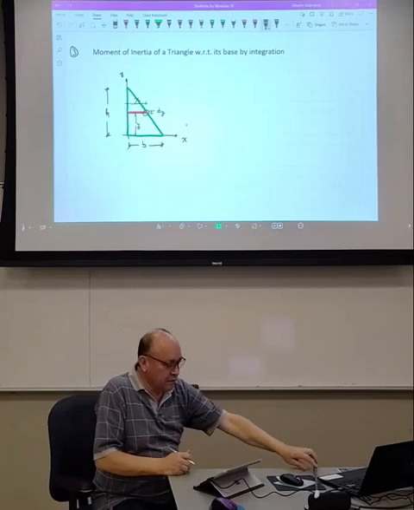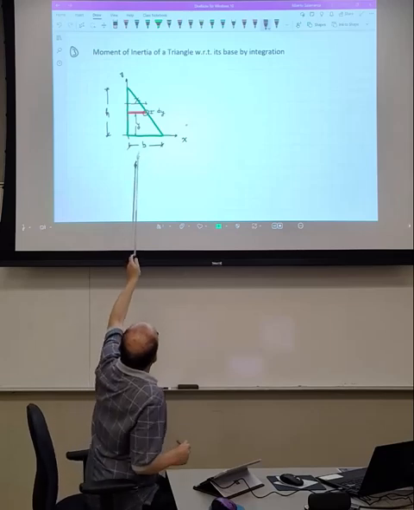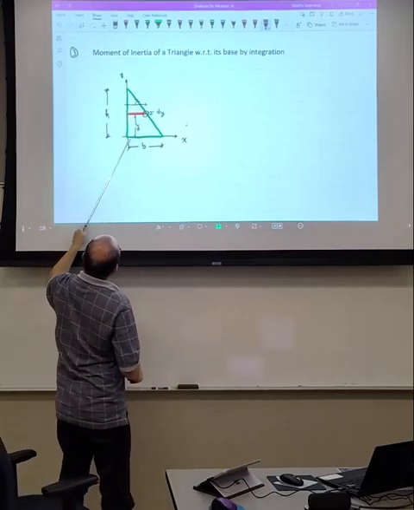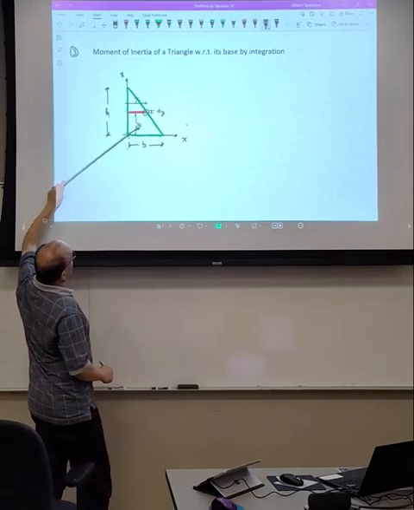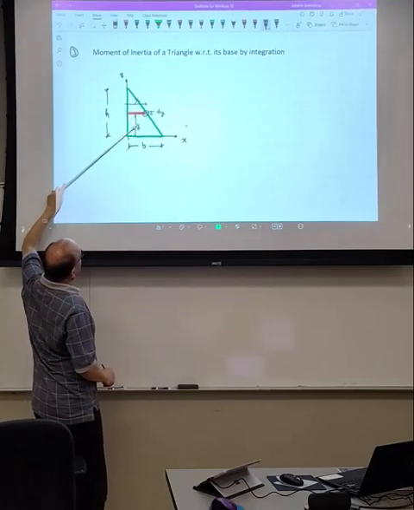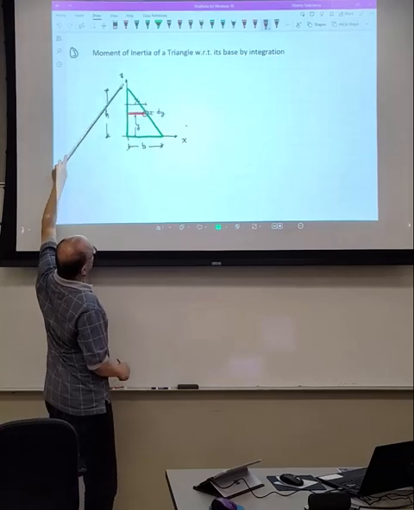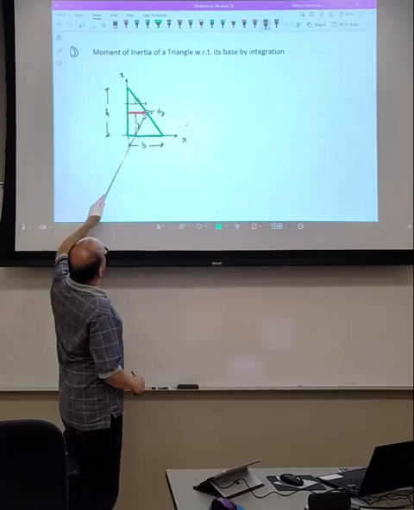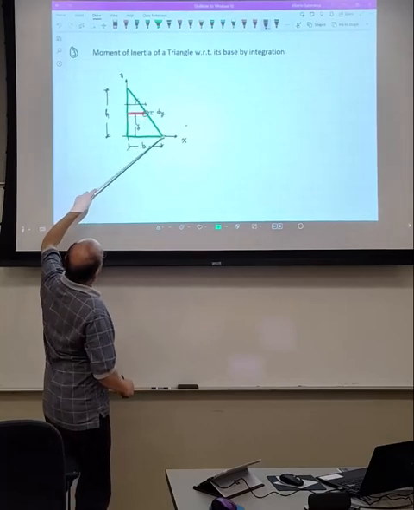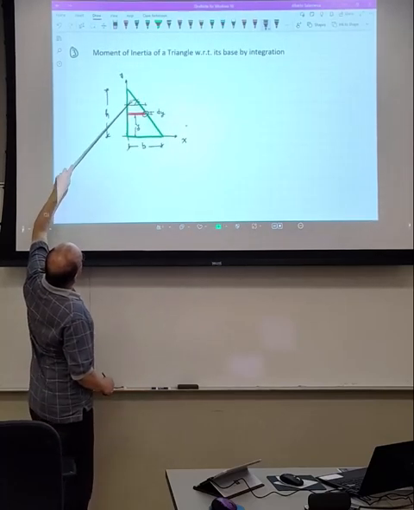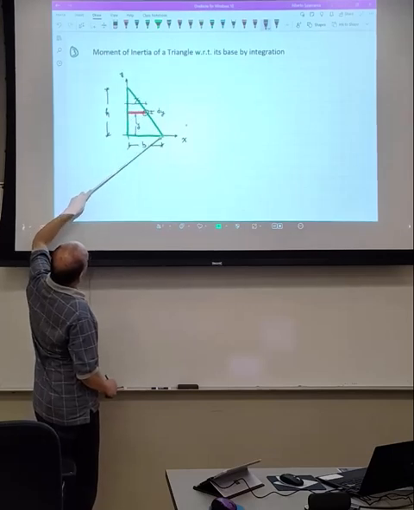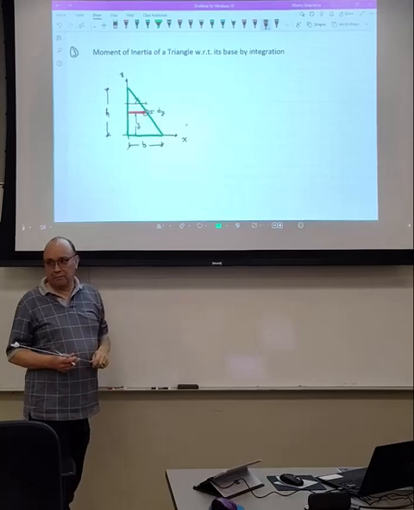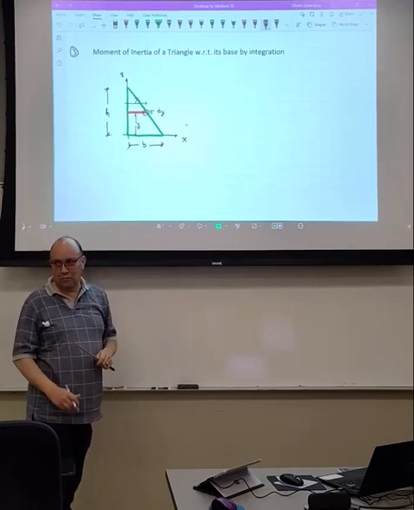The differential of area is this red rectangle that is a distance y from the axis. As soon as I choose different values for y, I'm sweeping all the area of the triangle. And this x will be the x coordinate of this point. So if I set up the equation of this line, I have this differential of area well defined, just by assigning values to x and to y.